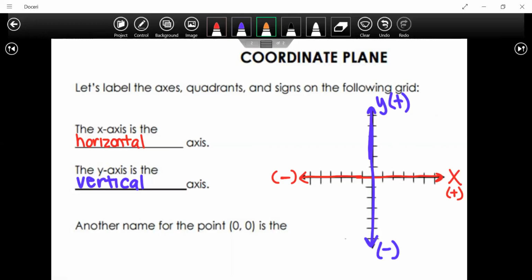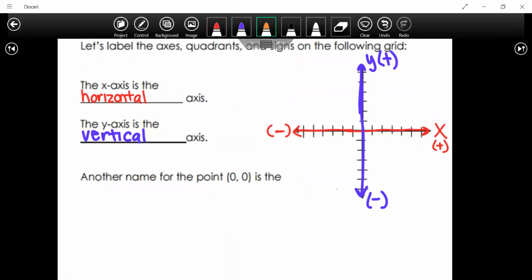Another name we talk about: the point (0,0) is also known as the origin. We start at the origin. It is also known as the starting point.